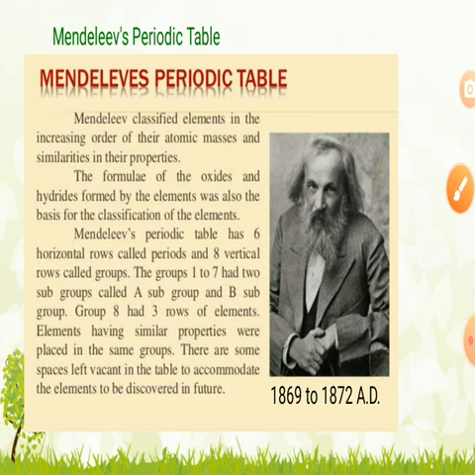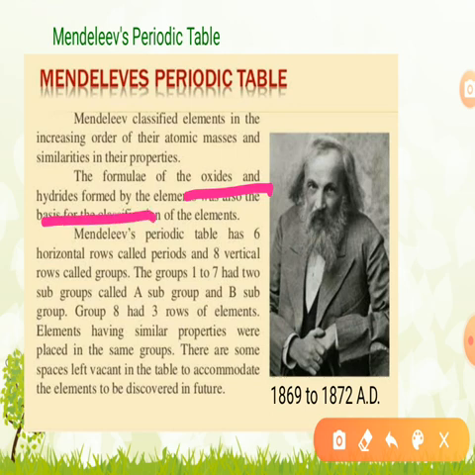Mendeleev organized the periodic table on the basis of chemical and physical properties of elements, and thus the molecular formula for the hydrides and oxides of the elements, the melting point, boiling point, and the densities of the elements and their hydrides and oxides.